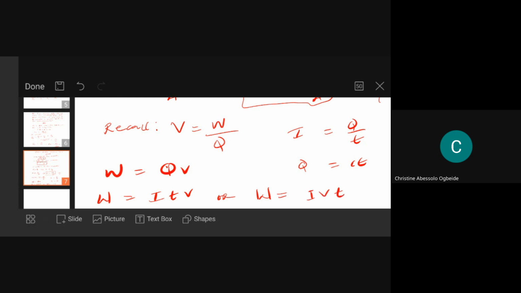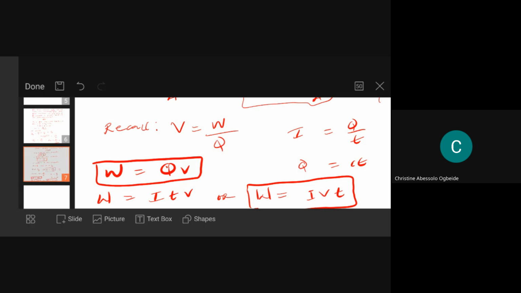This is also how to calculate the work done in a circuit, or the energy flowing through that circuit. So if you're asked to find electrical energy or electrical work done, you can use W equals IVT when you know the current, the voltage, and time. Or you can use W equals QV, where you know the charge flowing through the circuit and the potential difference.